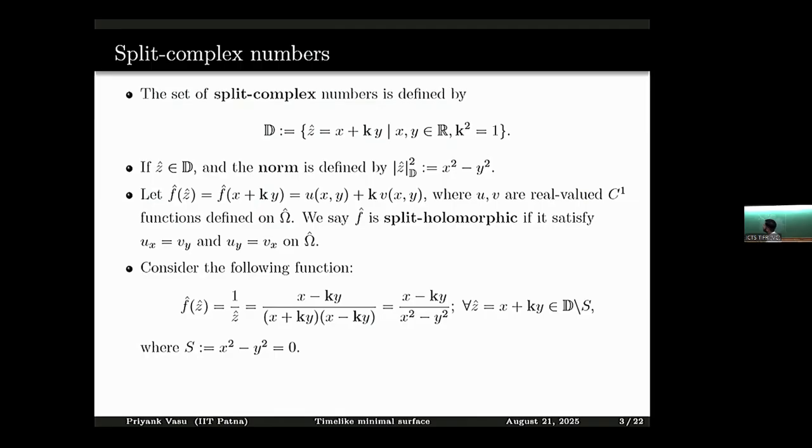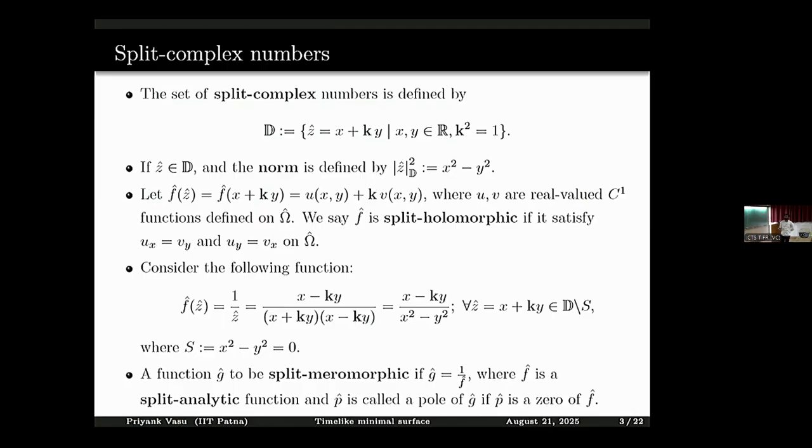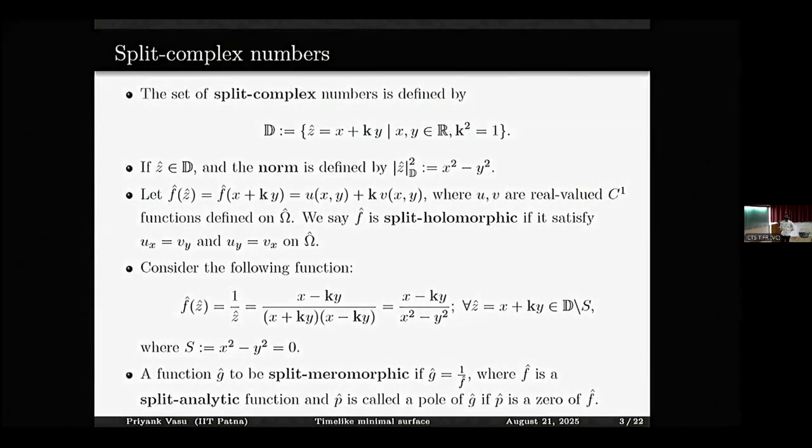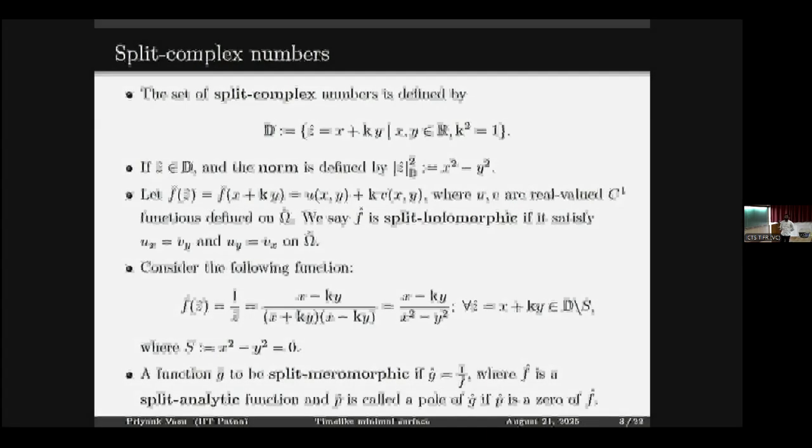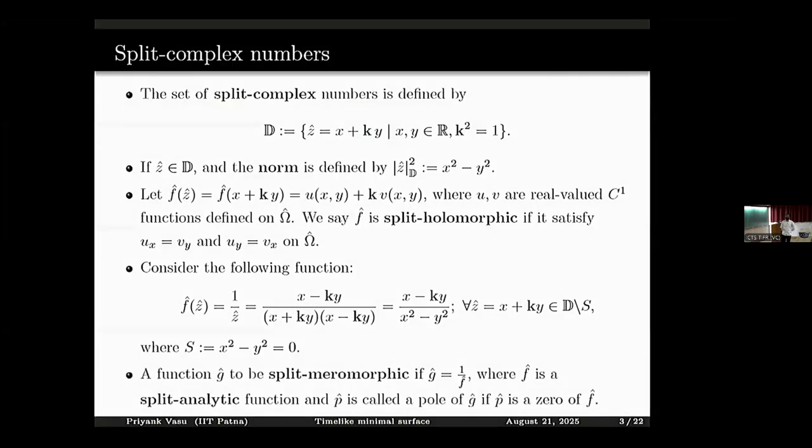But in split complex, that becomes the whole cross section, the whole light-like lines. Moving forward, we can define the split meromorphic function, which is the reciprocal of a split analytic function. If f has a zero at p hat, then we say g has a pole at p hat. Keep in mind that whenever the hat appears, I am focusing on split complex.